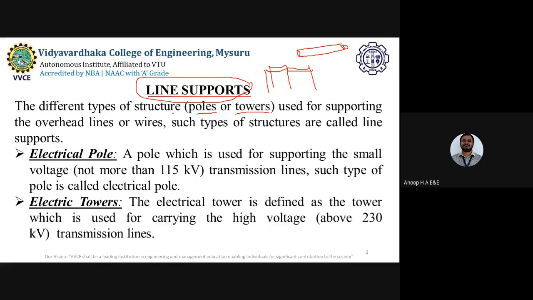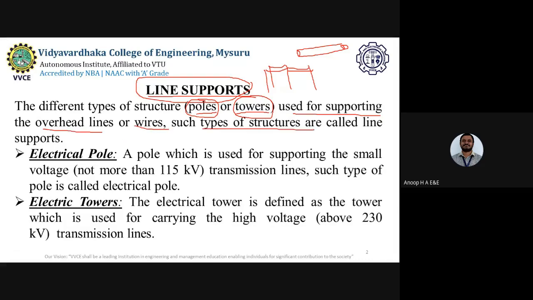Now, where do we need to use the term electric pole, and where do we need to use the term electric tower? I totally agree that both supporting structures are used for the overhead transmission lines, or generally conductors or wires.